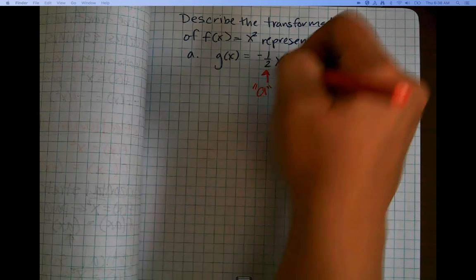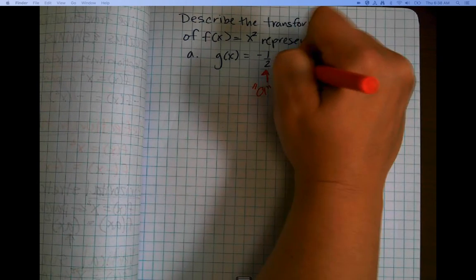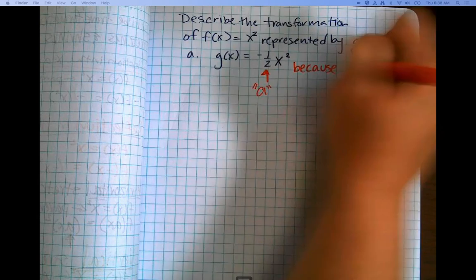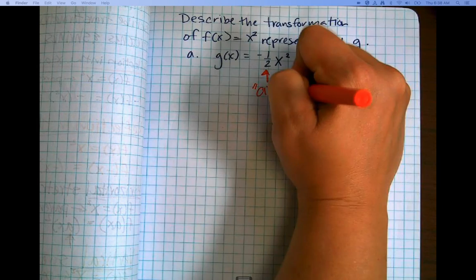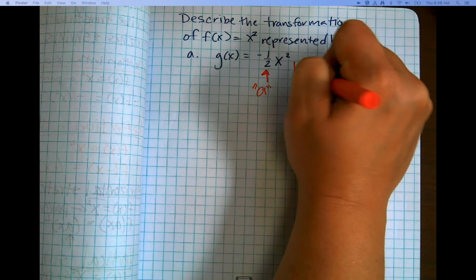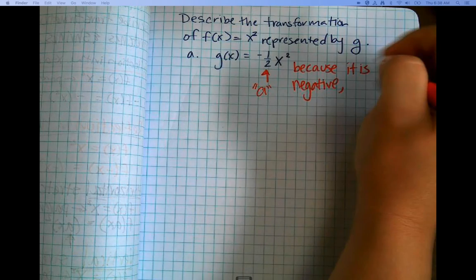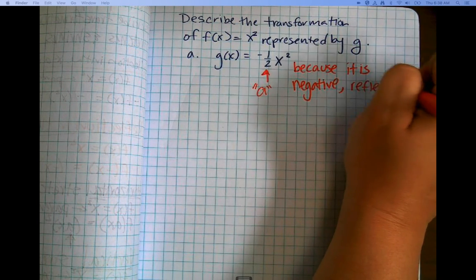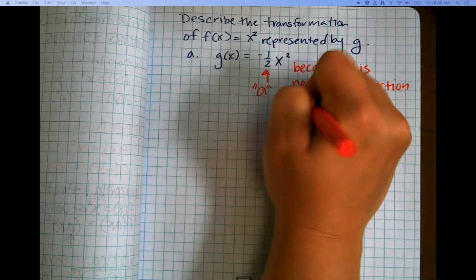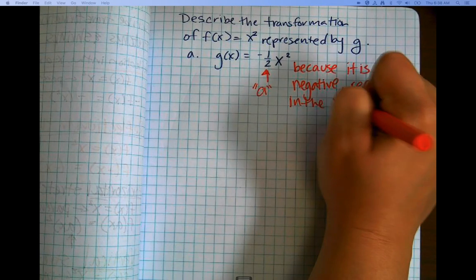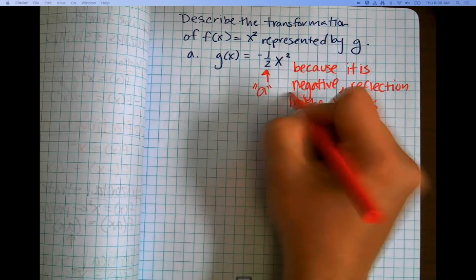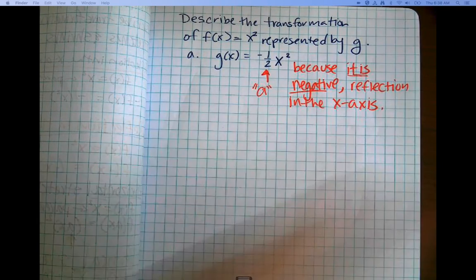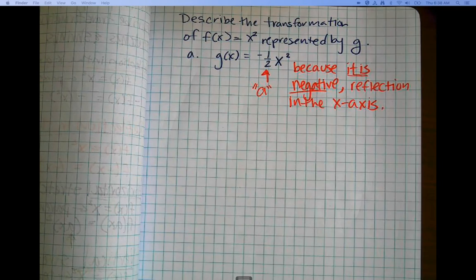Okay, so what we say is that because it's negative, it's a reflection in the x-axis. And I wrote why it is. So you need to remember why you're saying that. It's because it's negative that it's in the x-axis.